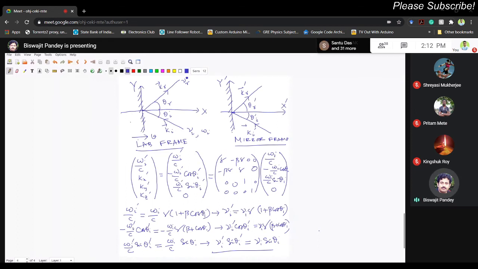Remember this, the entire analysis that we have done in this page is for the incident wave, not for the reflected one.